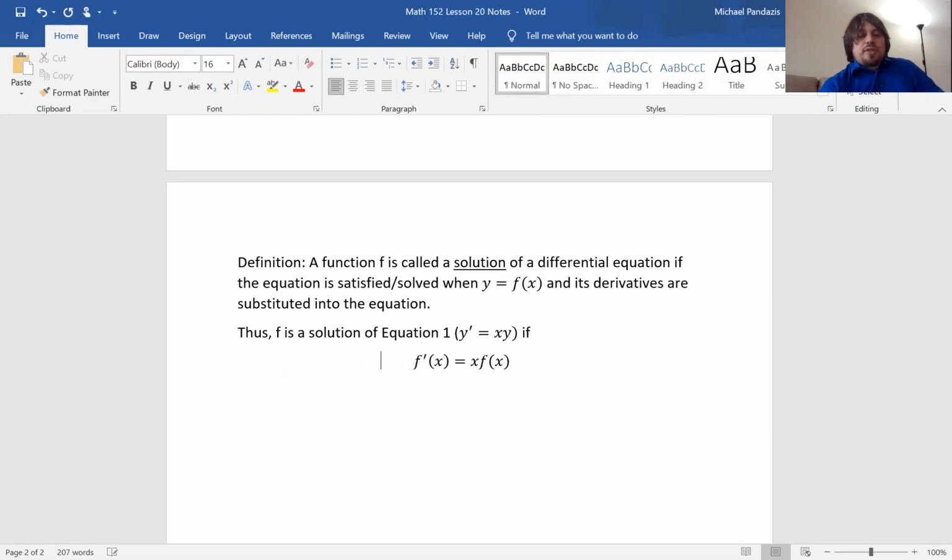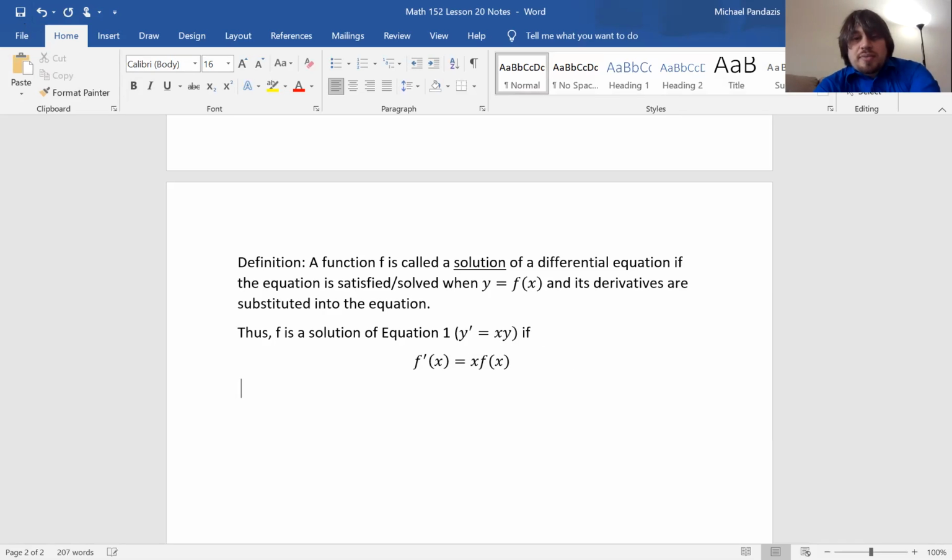So our unknown function is y equals f of x. F is a solution of that equation if you can substitute the function f and its derivatives into this differential equation and it's true. That would mean f prime of x would have to equal x times f of x. And if that happens, then f is a solution of that equation.